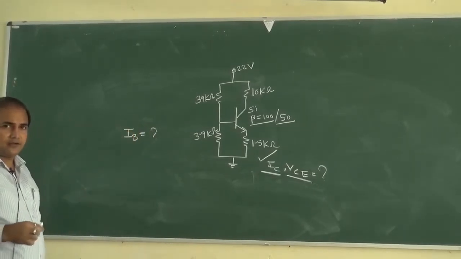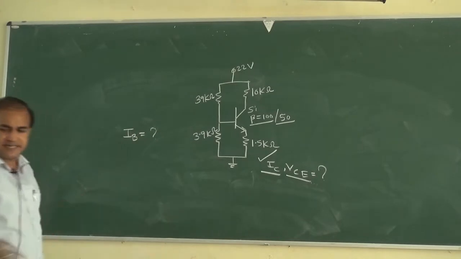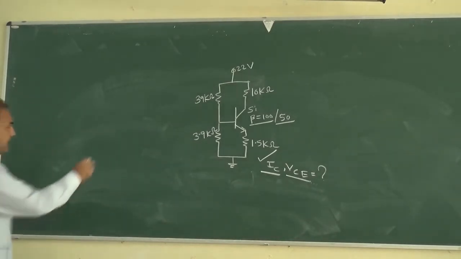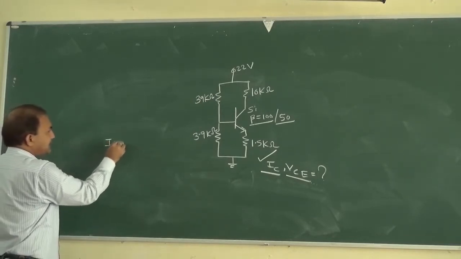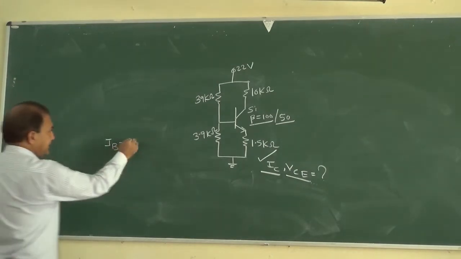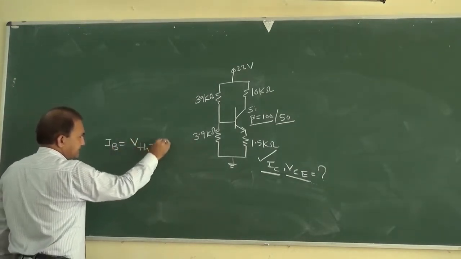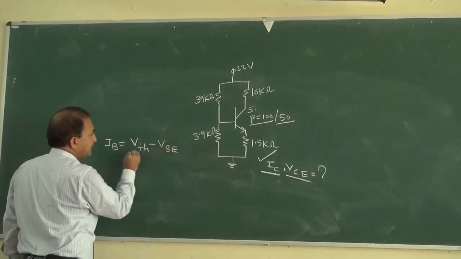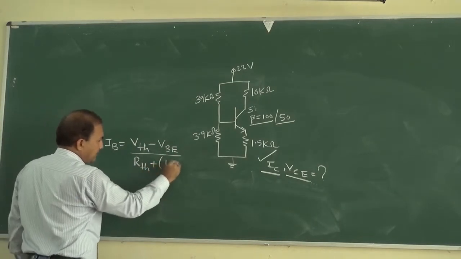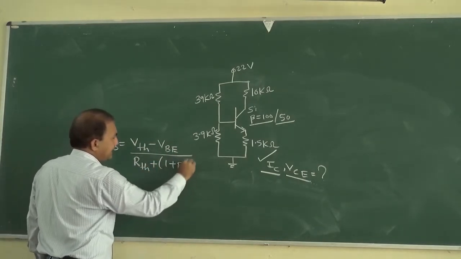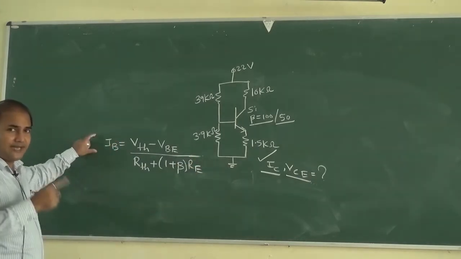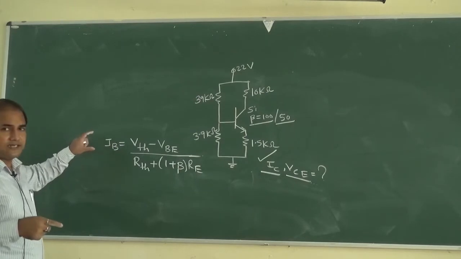We have seen for a voltage divider bias circuit, we can determine IB like this: IB is equal to (VTH minus VBE) divided by (RTH plus (1 plus beta) multiplied with RE). Okay, so this equation we have seen for determining IB.